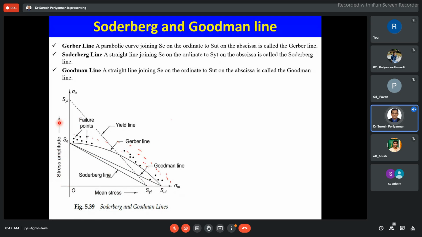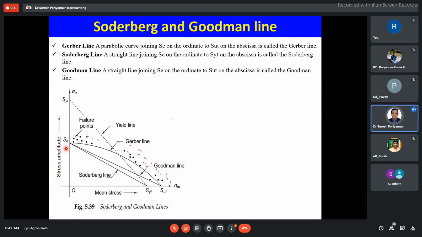Any doubt? Okay, sigma a, the stress amplitude, is on the y-axis, the ordinate, and the mean stress is on the x-axis, the abscissa, because both stresses play a role in this design. Now the Gerber concept.